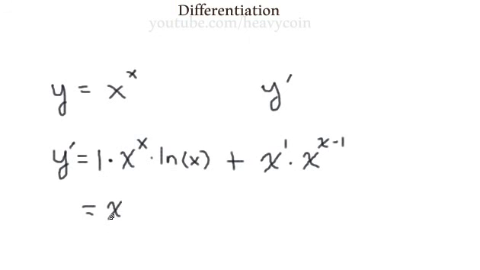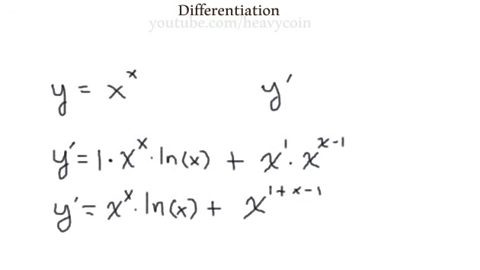So we have x raised to the x times the natural log of x plus, now if I add my exponents, this becomes 1 plus x minus 1. We might have forgotten how to do that, so I better not skip that step.